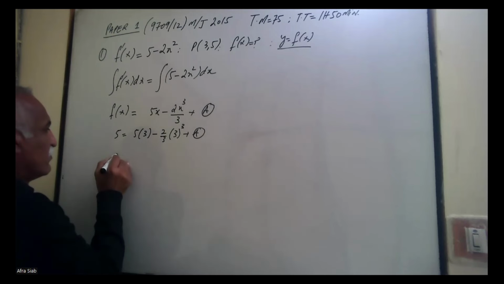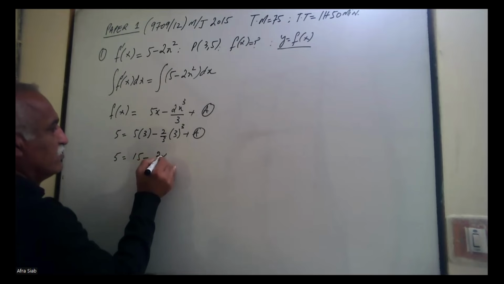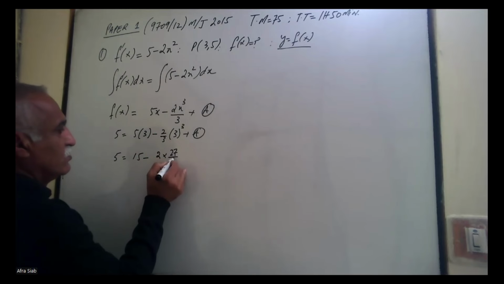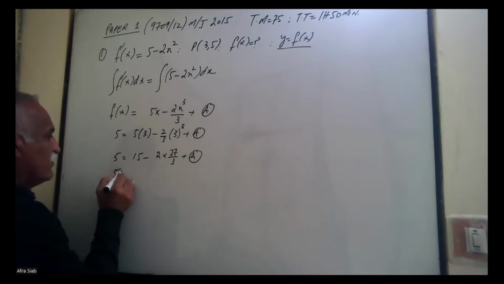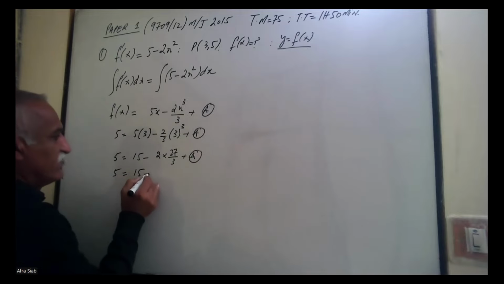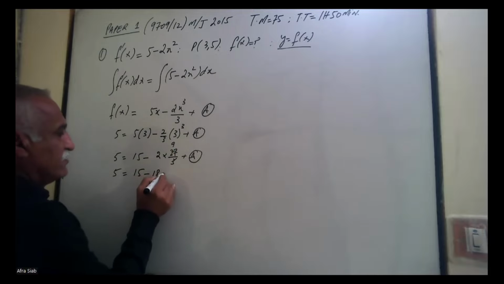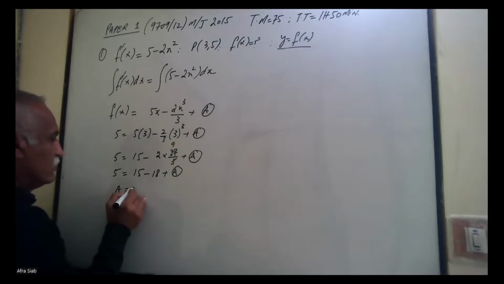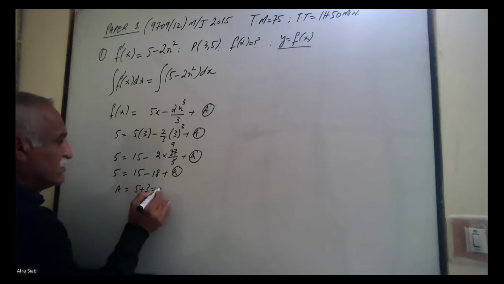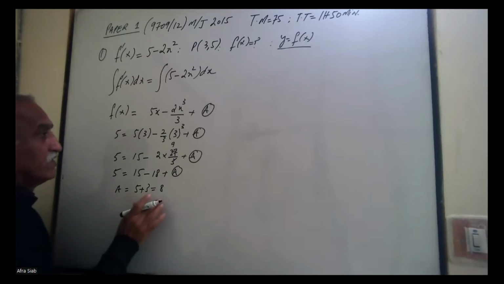So this will become 5 is equal to 15 minus 2 into 27 over 3 plus a. So 5 is equal to 15 minus 18 plus a. This is minus 3, go to the other side, it will become plus 3. So a value is equal to 8.